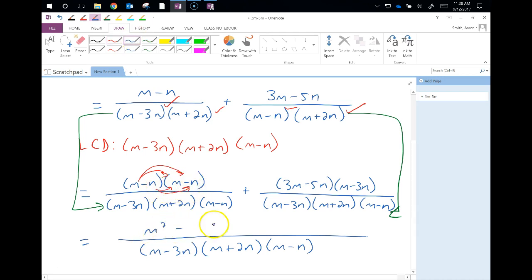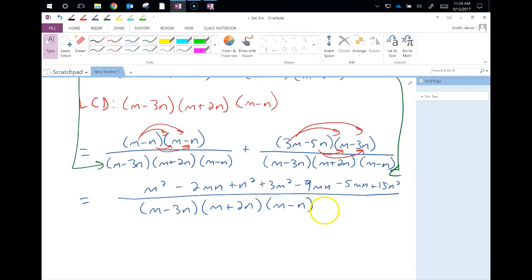M squared, you'd end up getting a minus mn minus mn, which is minus 2mn, plus n squared. FOIL here, you would get plus 3m squared, minus 9mn, minus 5mn, plus 15n squared. So we have all this stuff going on.